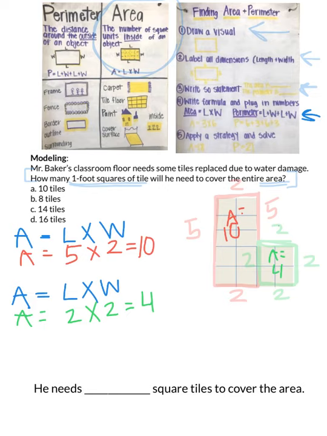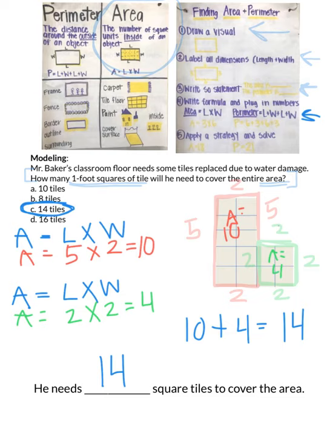So last thing I need to do is just add those two together to find my final area. 10 plus 4 equals 14. So we need 14 square units or 14 tiles to cover the entire area.